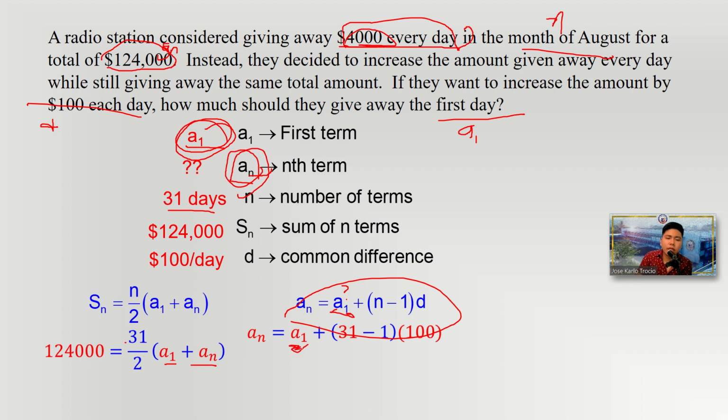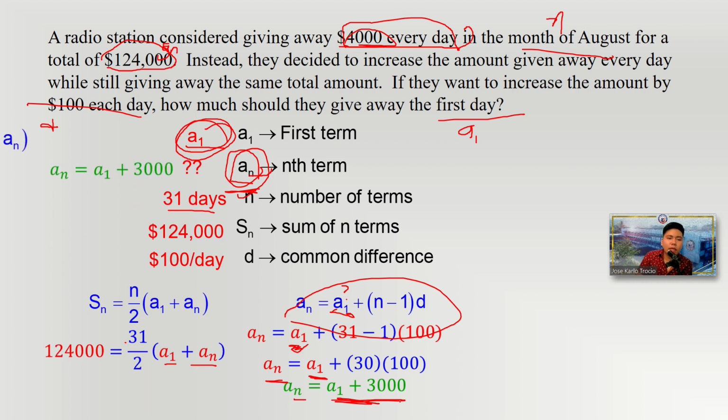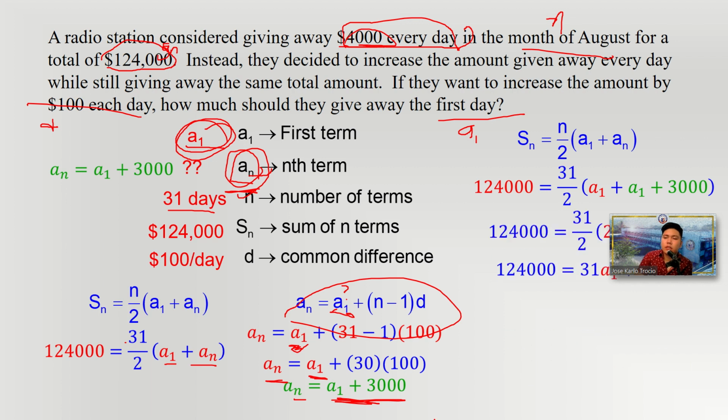So we are looking for this. We do not know a sub 1, but we can say a sub n is equal to a sub 1 plus 300. With this type of manipulation, we can now substitute a sub n into the original equation.